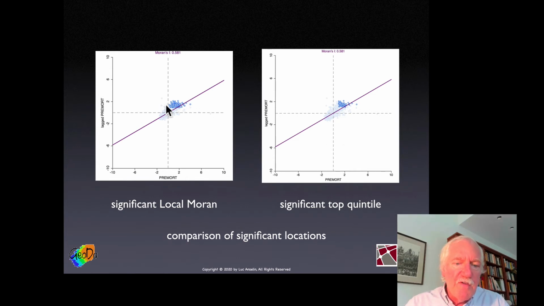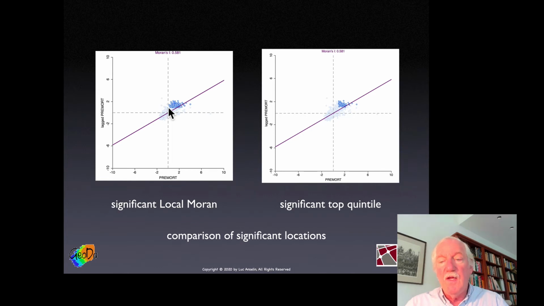But these are the significant high clusters. And one of my pet peeves, and I think I mentioned this a number of times, is that oftentimes high is not interpreted properly. It really should be interpreted relative to the mean. And it's not necessarily that high if it's this close to the mean, for example.